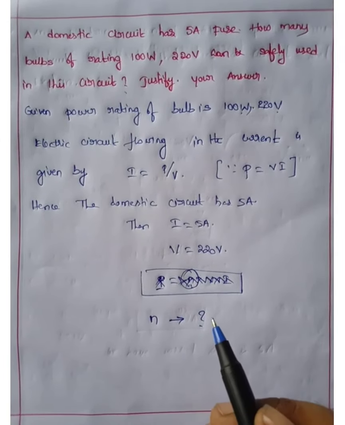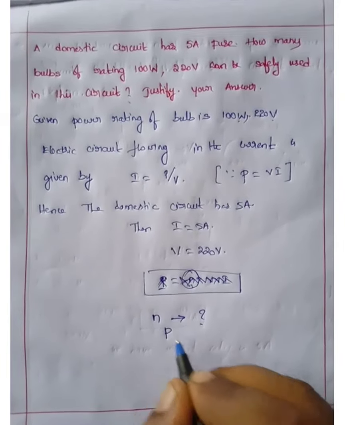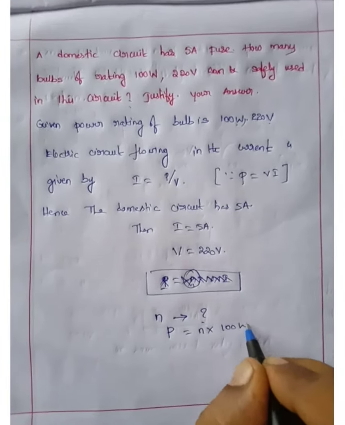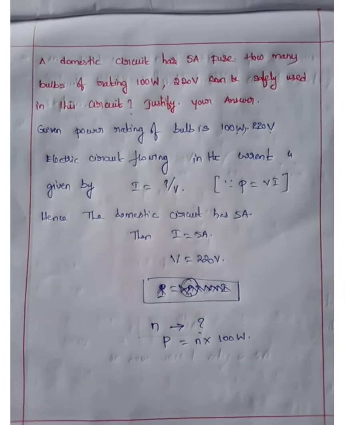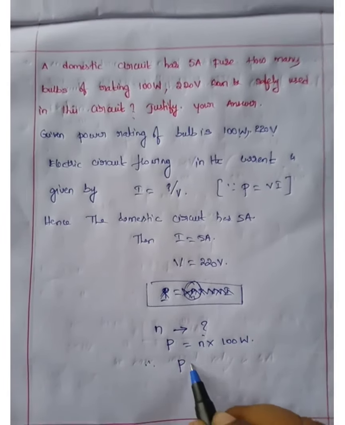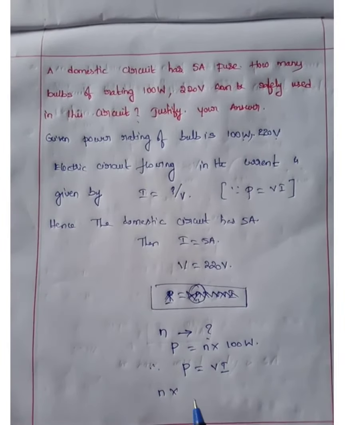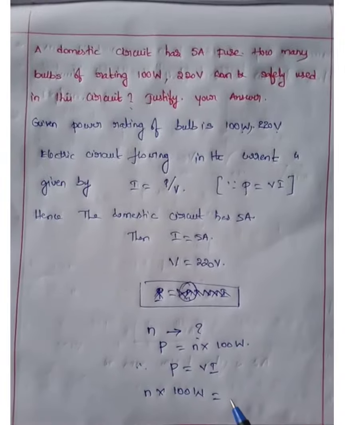Here we have to find N, the number of bulbs, so P is equal to N into 100 watts. Since P is equal to VI, therefore N into 100 watts is equal to VI.